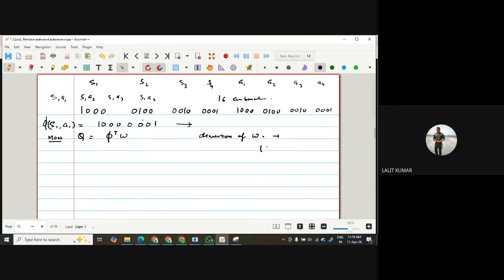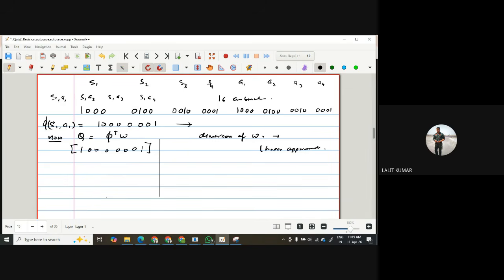So this will be 8, in case of linear approximation. So I multiply this phi transpose, 1 0 0 0 0 0 0 1, and now I initialize this W with some value.